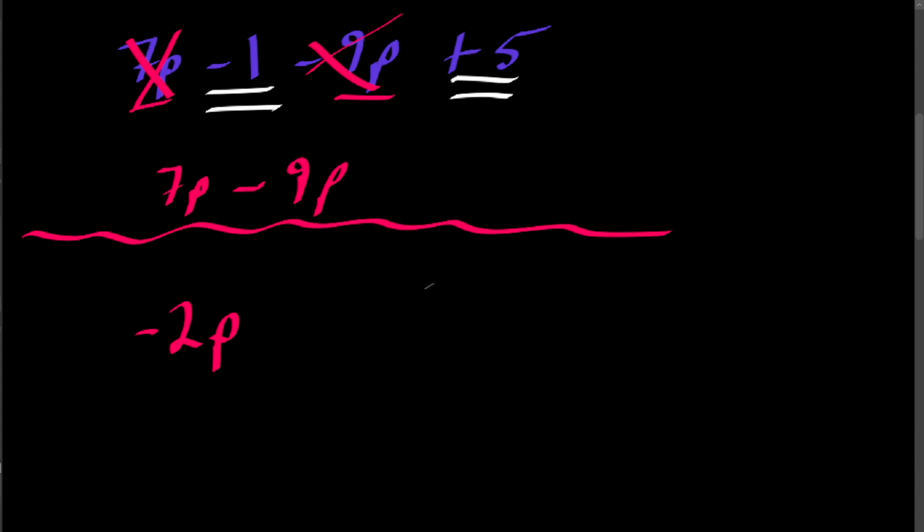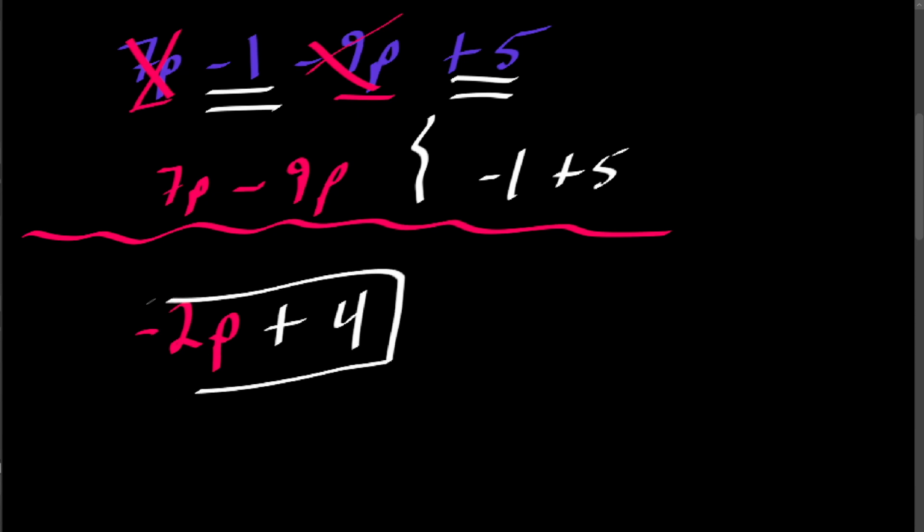So down here, we can say negative 1 plus 5, and that's going to give me 4. And since it's positive 4, I'm going to add it in between my 2 terms, and actually, this is my answer. Negative 2p plus 4. All right, let's try another one, because maybe that one's a little confusing.